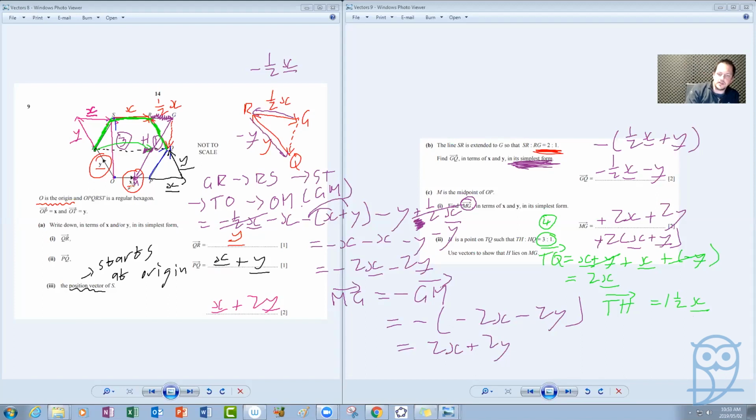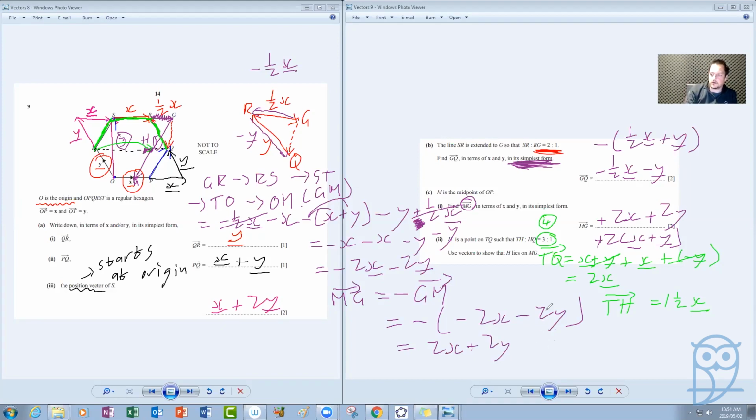But how is this going to show that H lies on this vector MQ? So we found MG. This vector MG here, we found that was 2x plus 2y.